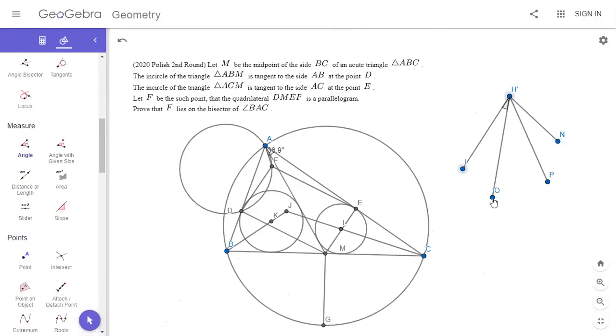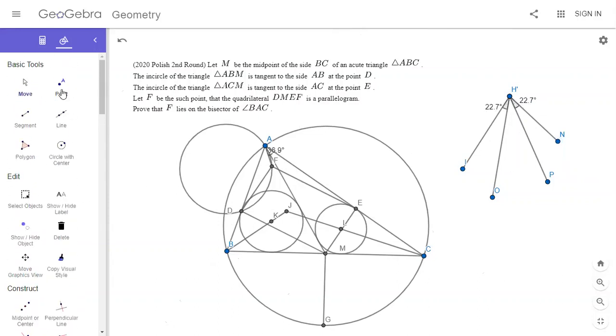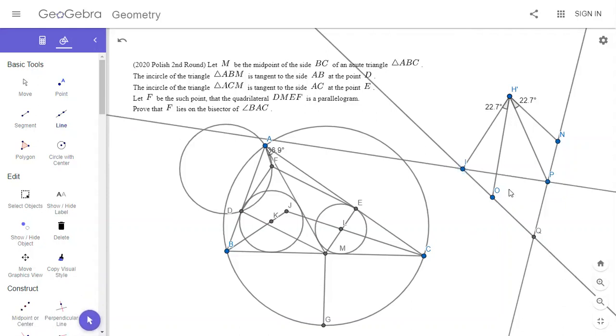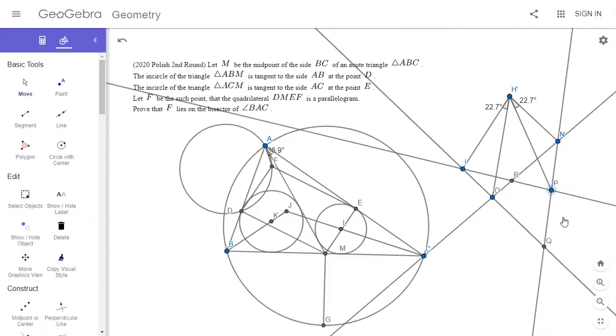If these two angles are equal, so they're both 22.7, then if you take these lines and they intersect at a point, and then you take these lines and they intersect at a point, then we have angle IH'R equal to angle NH'Q. And it comes in handy a lot.